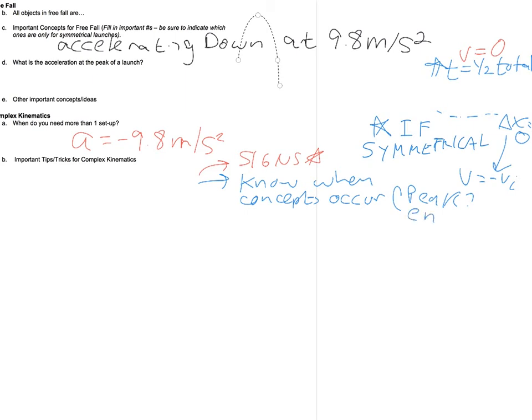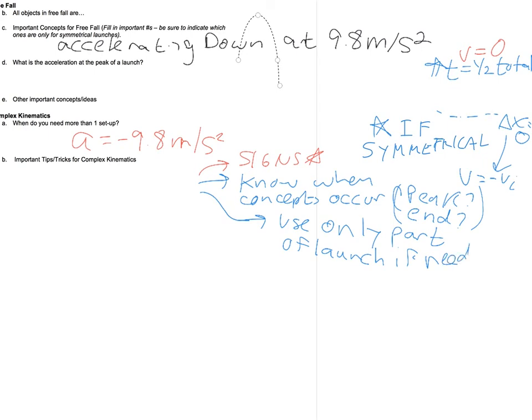Is this something that happens at the end? All right, you need to think about when those concepts occur, because that really matters here. And something else to think about related to this is use only part of the launch if needed. Okay, sometimes we only looked at going to the peak or from the peak down, and that was a really useful thing to do, so that's something to keep in mind.